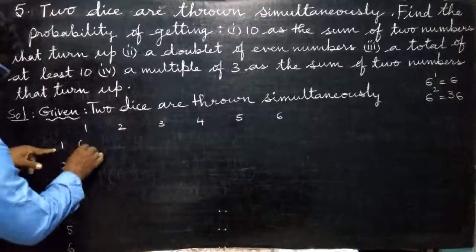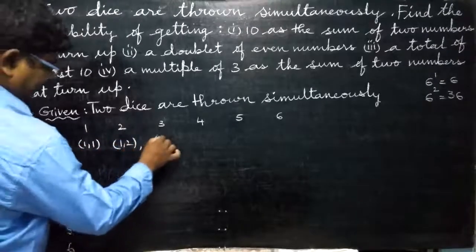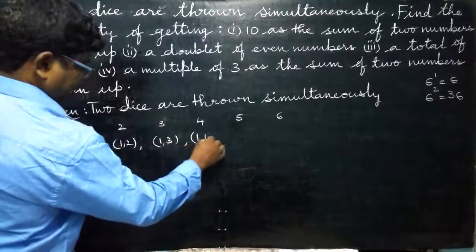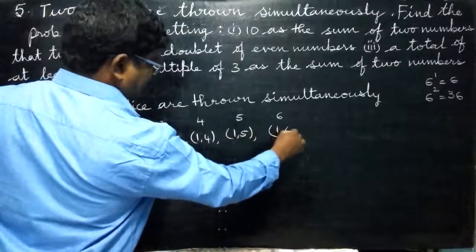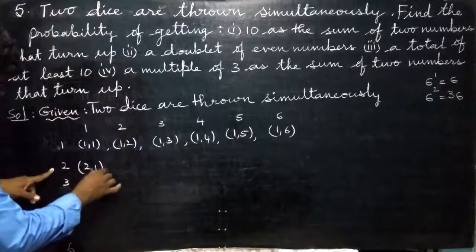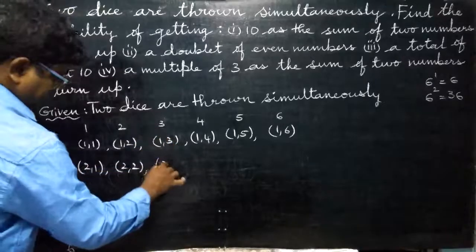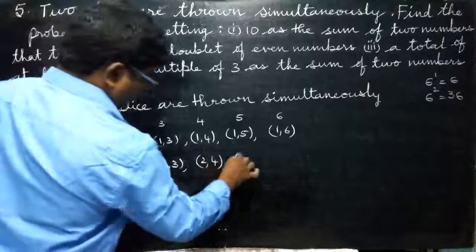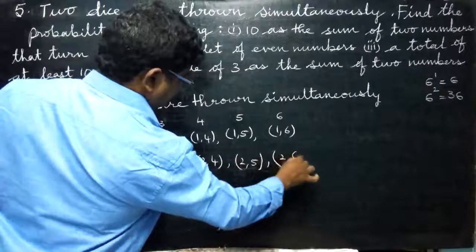Combinations: 1 comma 1, 1 comma 2, 1 comma 3, 1 comma 4, 1 comma 5, 1 comma 6. Second one with the second die: 2 comma 1, 2 comma 2, 2 comma 3, 2 comma 4, 2 comma 5, 2 comma 6.